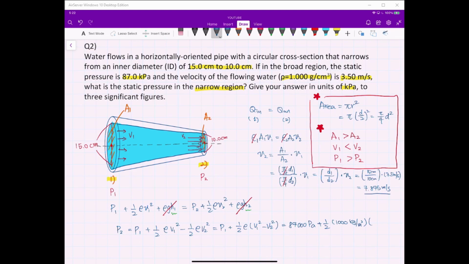And V1 is 3.5 meter per second squared, and we subtract 7.875 meter per second squared. This will give you the answer of 62,117.18 pascal, which you can write as 62.1 kilopascal.